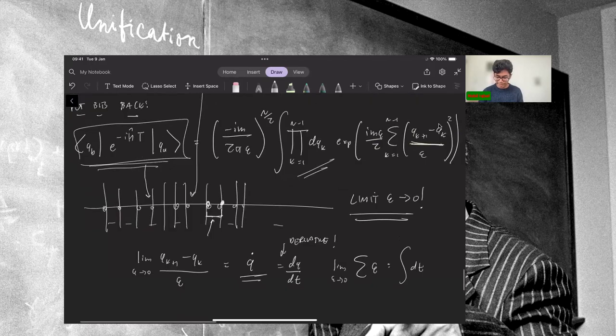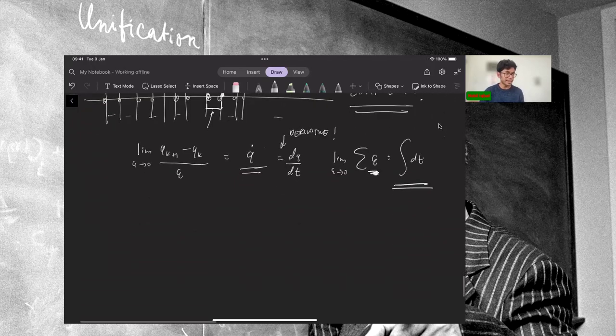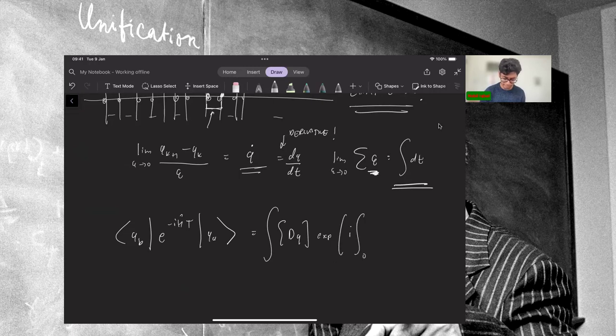So if we now recognize that this is (dq dt) squared, and this sum over many, many small strips, all with weight epsilon, is like the integral dt, then we can write the truly, really, really beautiful expression that the inner product going from qA to qB is equal to the integral over all paths of the exponential of the integral i from 0 to t dt q dot squared. Right.